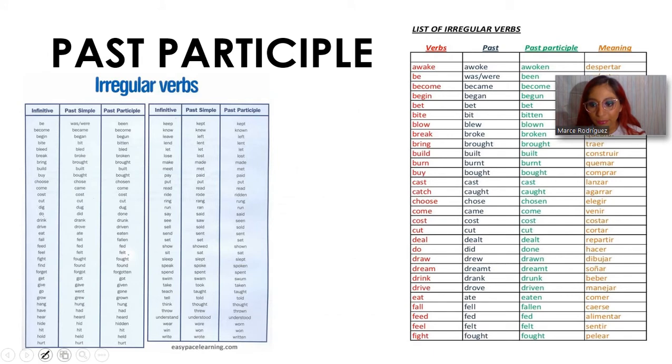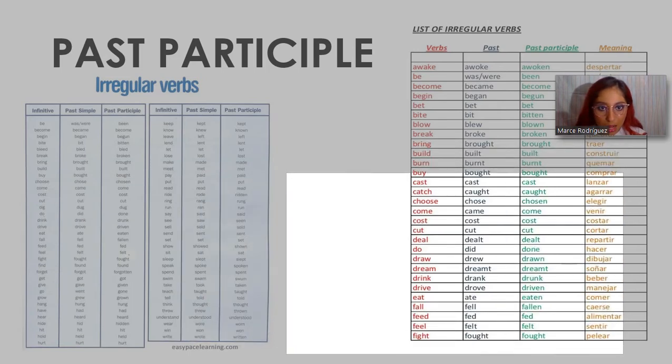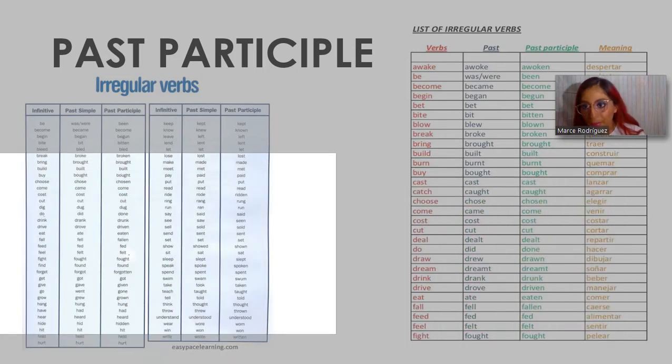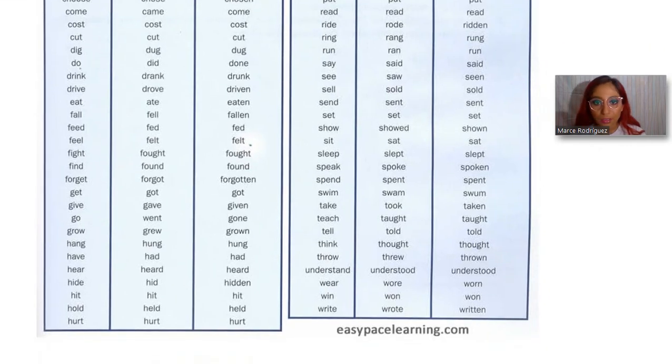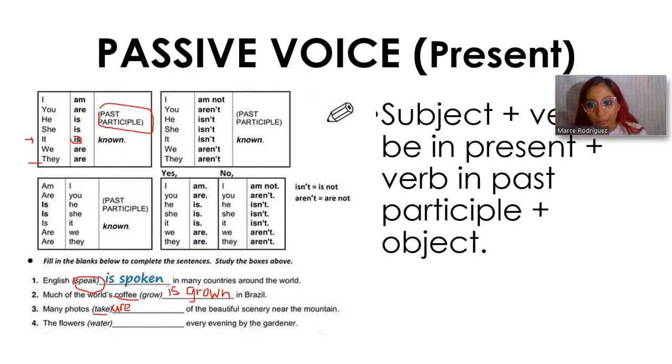It's irregular. Está aquí. Ok. No está aquí. Aquí está. Took, taken, okay? So we write taken. Si todavía no se lo saben, los pueden buscar en la lista.